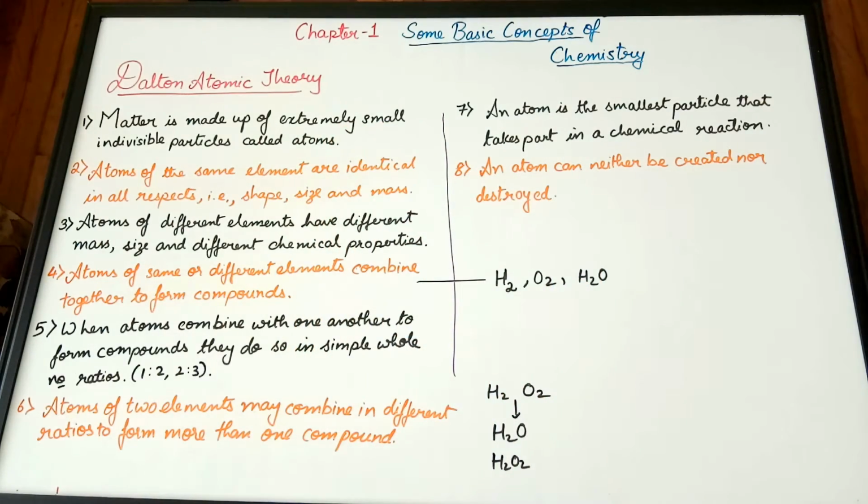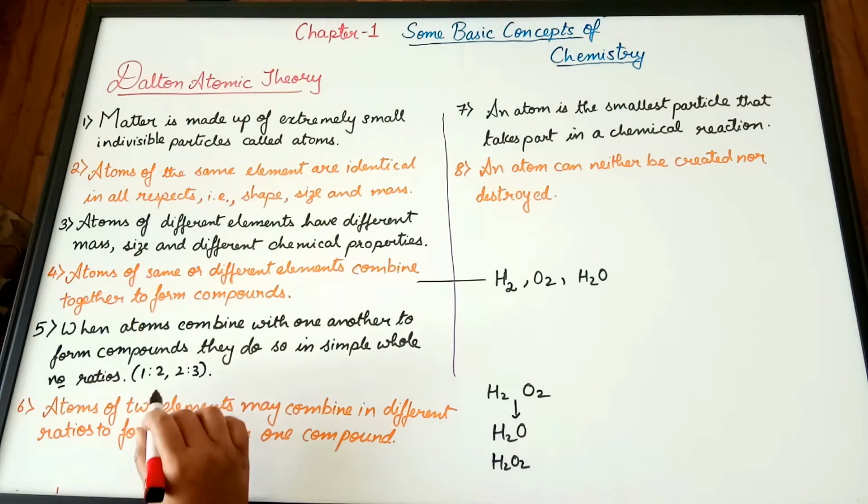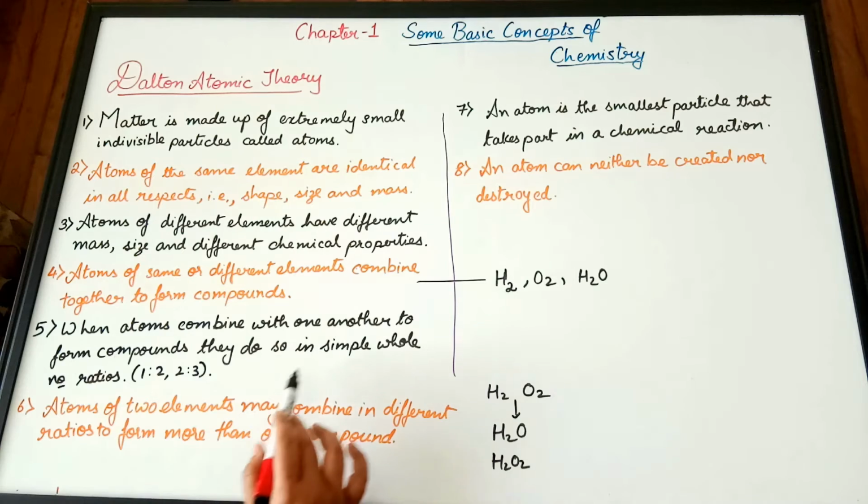In the law of conservation of mass, we learned that the net mass of the reactants will be equal to the mass of the products. The next one is the law of constant composition, which follows from postulate number 5, which states that when atoms combine with one another, they do so in a simple whole number ratio. So H2O can always be only H2O, irrespective of where you go, it will stay H2O.